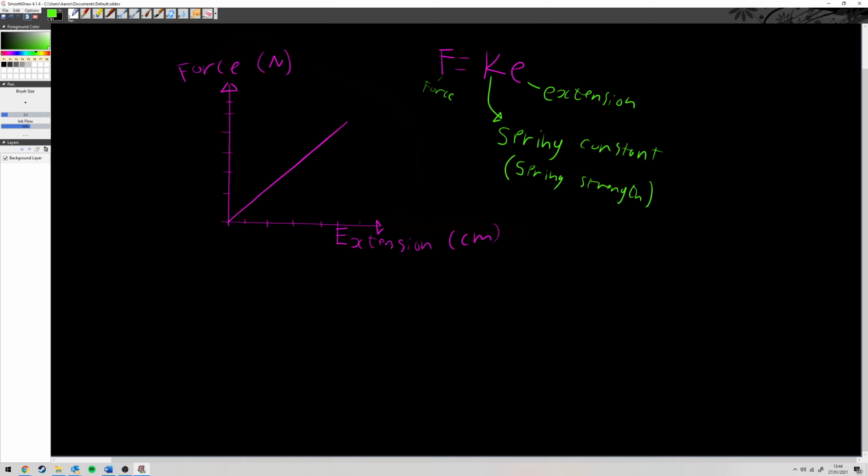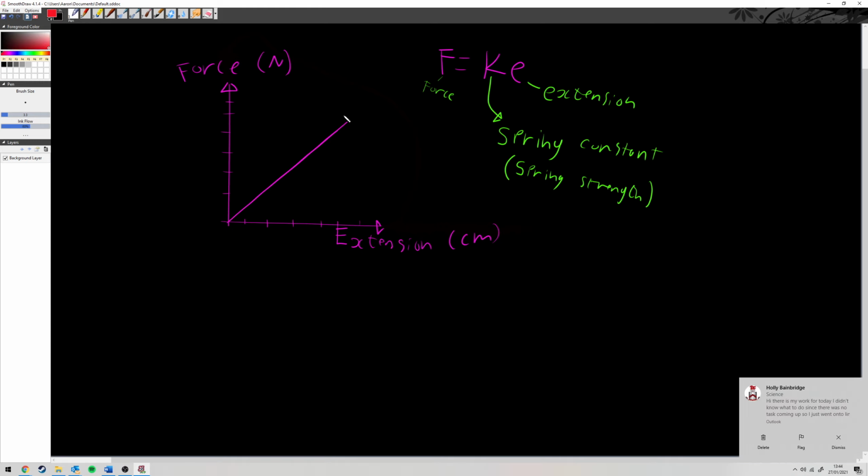Now, at some point, so let's say, these numbers don't really matter, all you need to know at the moment is if you increase the force of this spring, the spring is going to get longer, right? And it's a straight line that goes to the origin. But there'll be a point, so let me just put a dot here. There'll be a point, and then what will happen is the graph will curve.